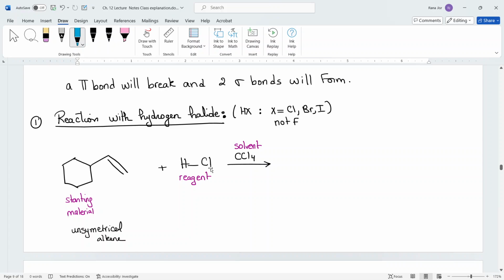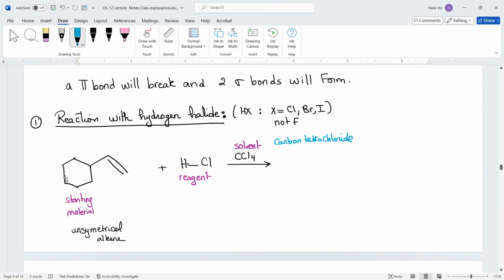It doesn't matter, any one of those. The solvent here, I am using CCl4, which is named carbon tetrachloride. The role of the solvent is to allow the HCl to dissolve with the alkene.